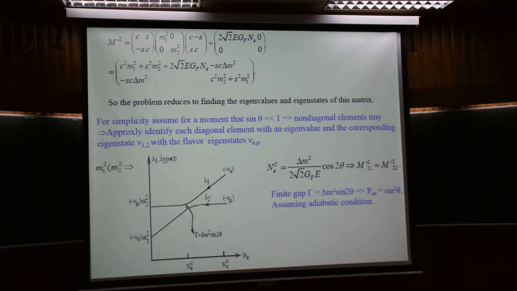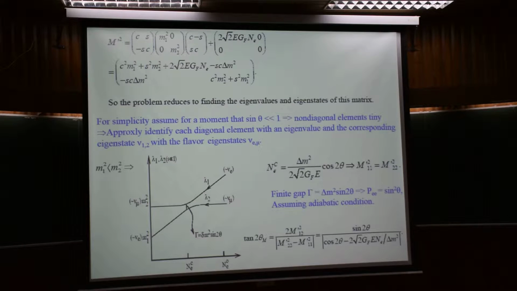So the survival probability is sin square theta, because nu 2 has a nu e component which is sin theta. If you assume the adiabatic condition, that means there is no transition from one eigenstate to the other. Now, this assumption of small mixing angle is totally redundant. We don't have to make that assumption.